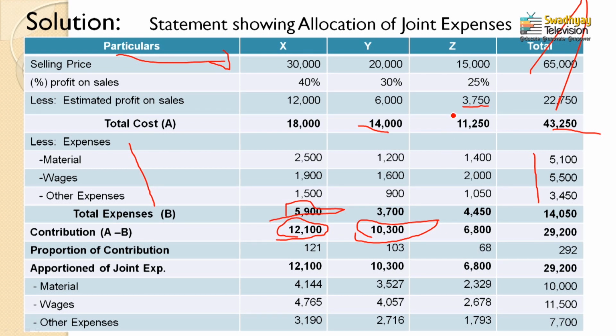The total cost for Z is 11,250. Their separate expenses, clearly given in the question, 4,450, deducted from the total cost gives 6,800 rupees for product Z. Now this is the way to identify the remaining cost or remaining expenses.